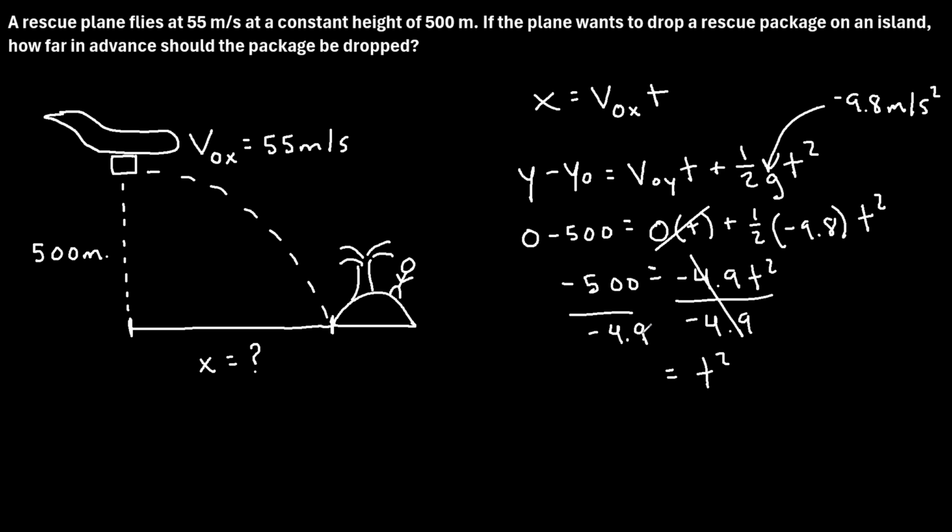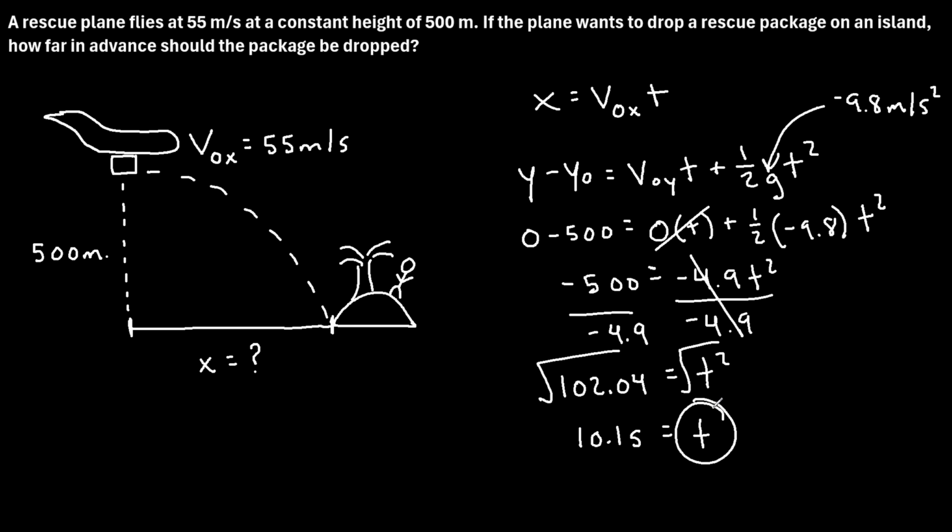On the left-hand side, negative 500 divided by negative 4.9 turns out to be 102.04. To solve for t, we take the square root of both sides, and we find that t is about 10.1 seconds. So it will take 10.1 seconds for this package to hit the ground.